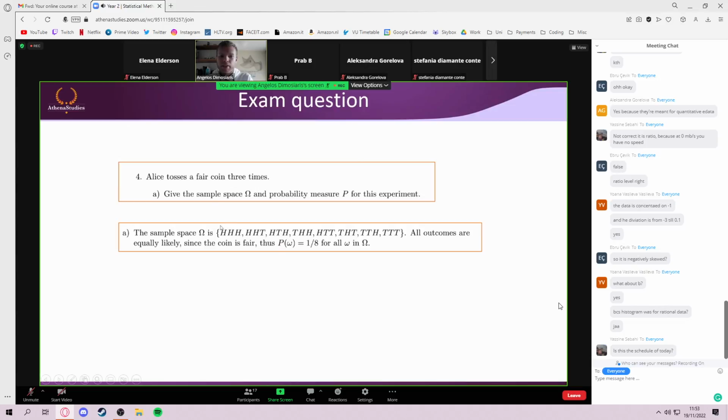So each outcome has a probability of 1 divided by 8. Why 1 divided by 8? Because it's 1, 2, 3, 4, 5, 6, 7, 8. So all of them have a 1 divided by 8 probability to happen. Does it make sense?